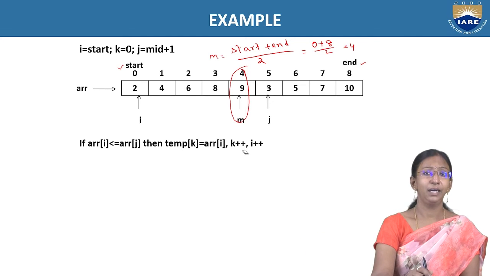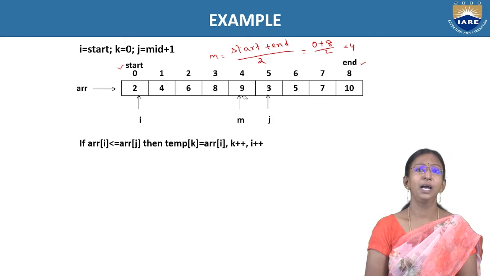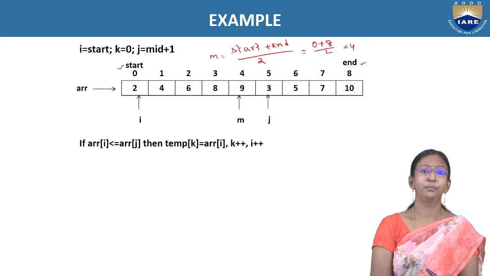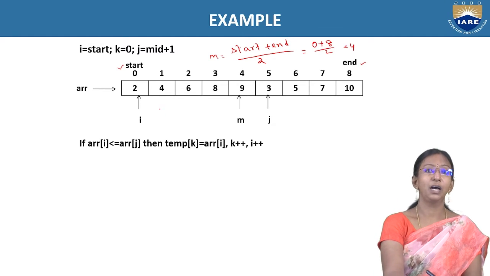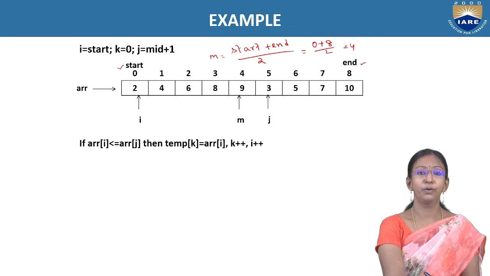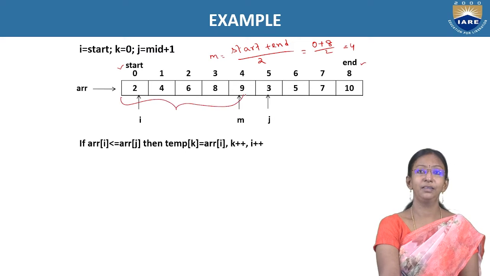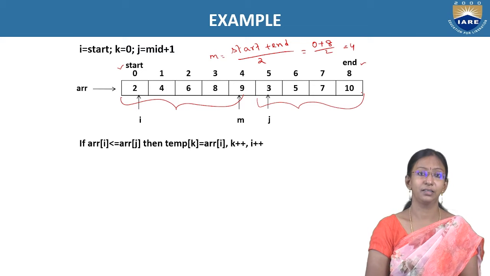Very good. Then we have to merge them, right? Compare the elements pointed to by i and j. Then what are these i and j? These are the variables which point to the first element in the left list and the first element in the right list, right?